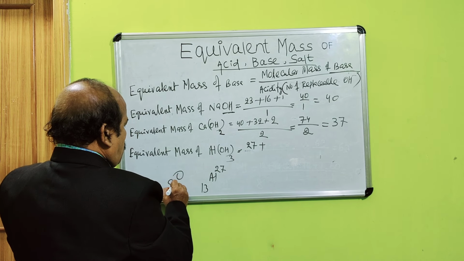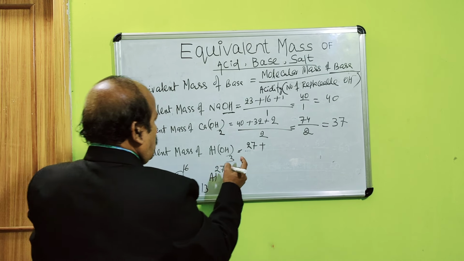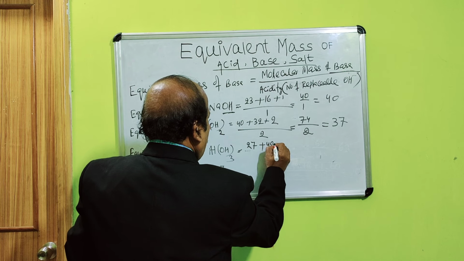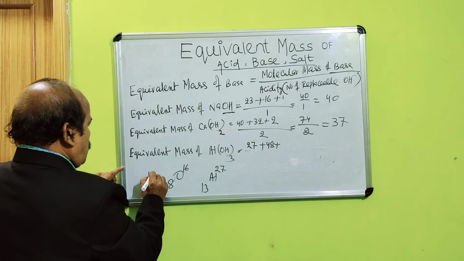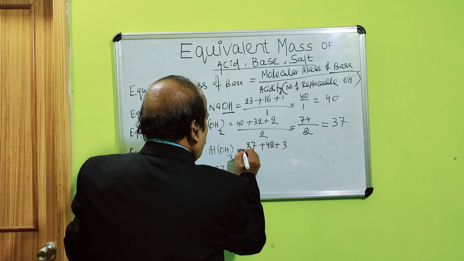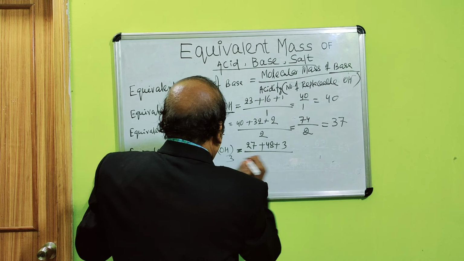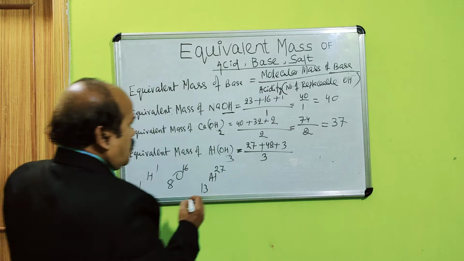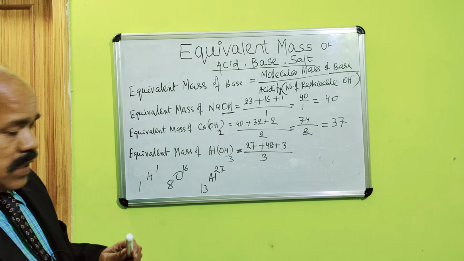Oxygen atomic number 8, mass number 16, so 16 into 3 is 48. Hydrogen atomic number 1, mass number 1, so 1 into 3 is 3. Divided by 3, as 3 OH atoms, or 3 hydroxyl ions, are there.